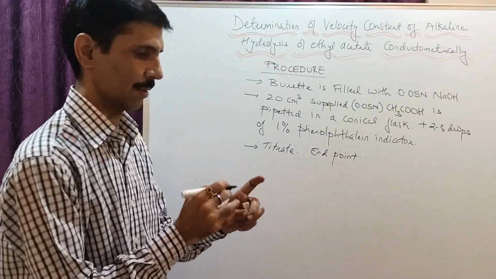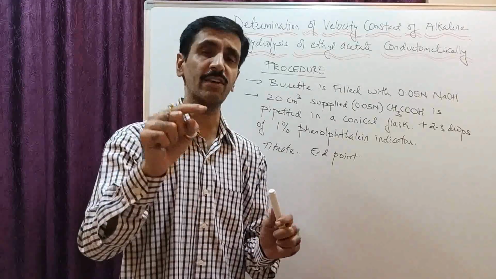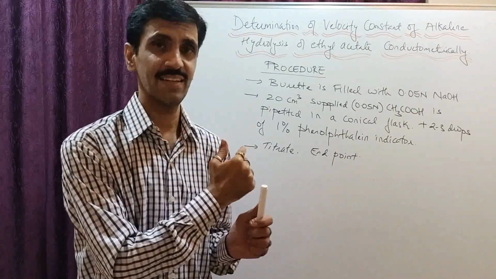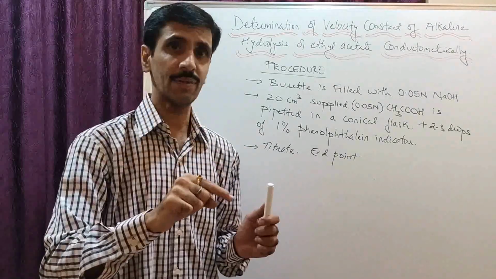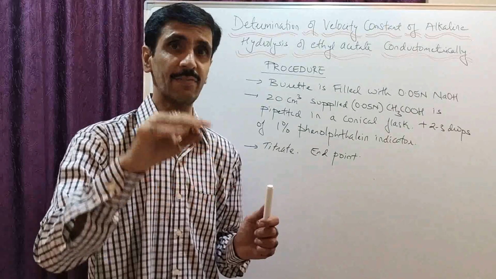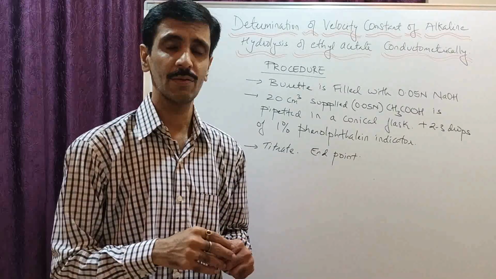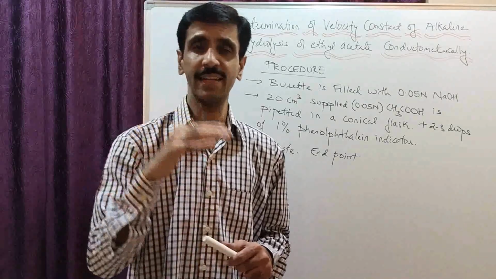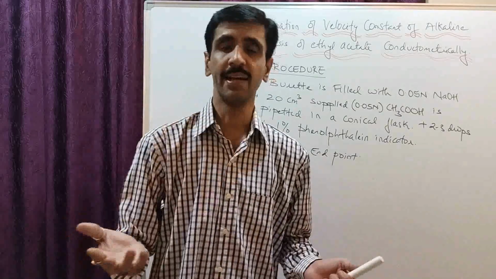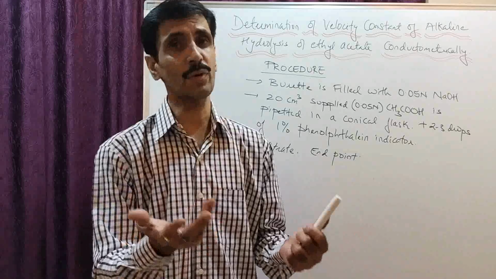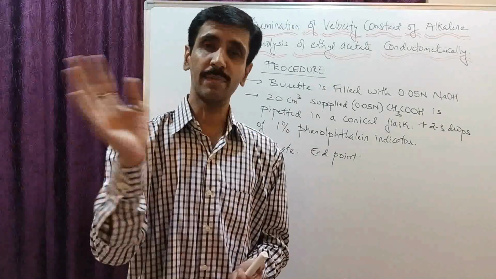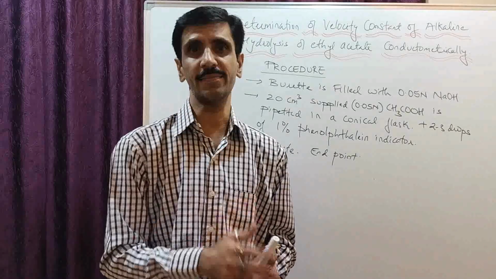Initially, whenever we do a titration, the indicator has to be added in a conical flask. In the conical flask, there is an acid. In the acidic medium, the phenolphthalein indicator has a very low sensitivity. What is sensitivity? It is response to change. So in acidic medium it is not sensitive, meaning it will not respond to any changes. Phenolphthalein is colorless, so even after adding it to the acid it will remain colorless.